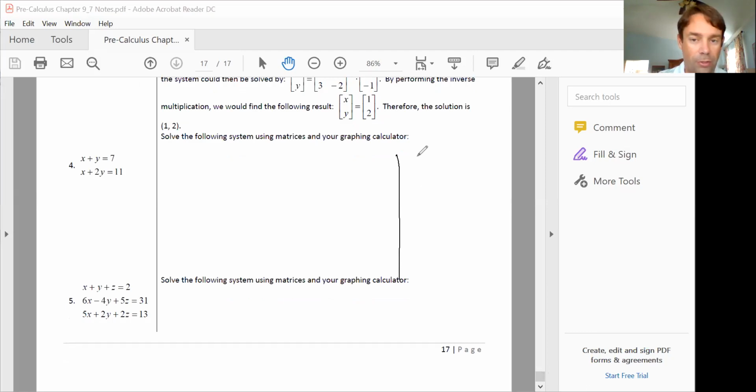Say I give you a system like this: x minus 2y plus 3z equals 7. And again, we've already solved this one. I want you to see how this works. 2x plus y plus z equals 4.